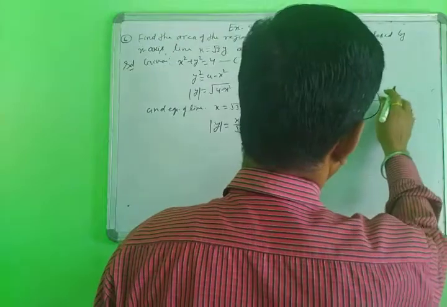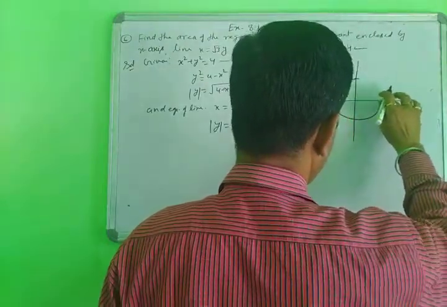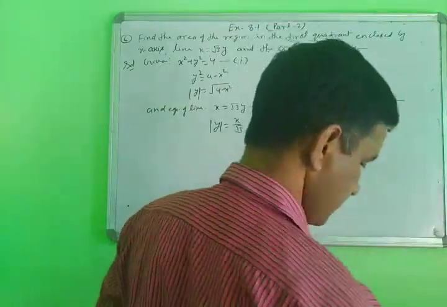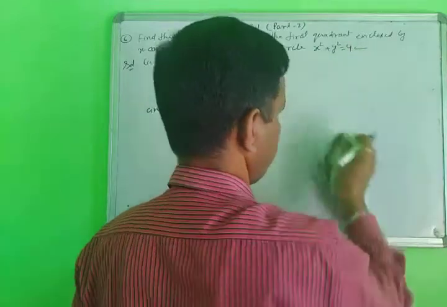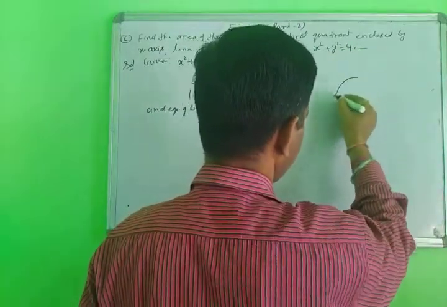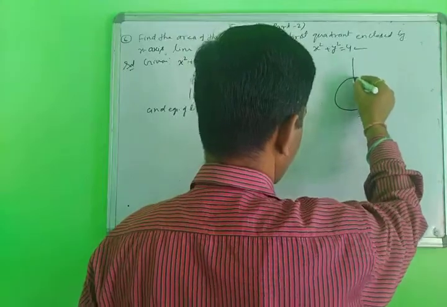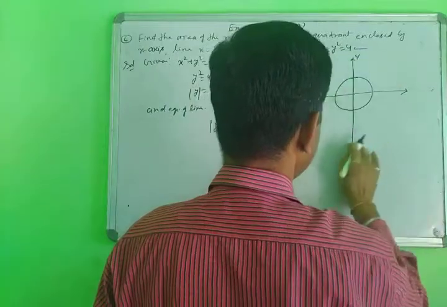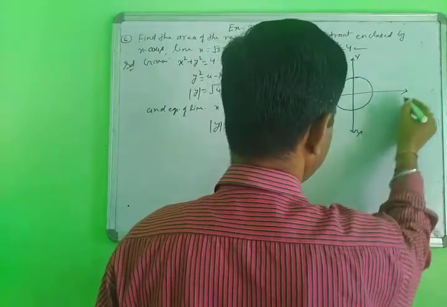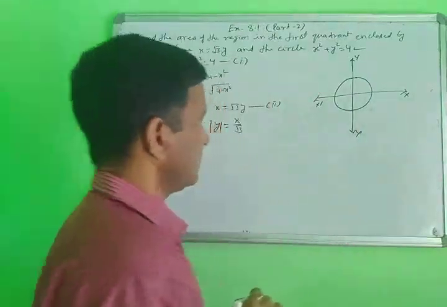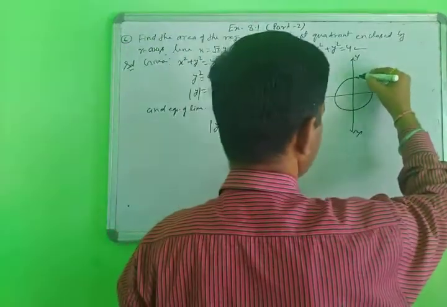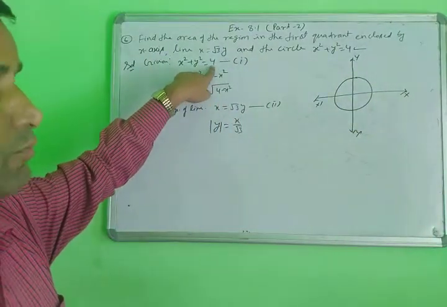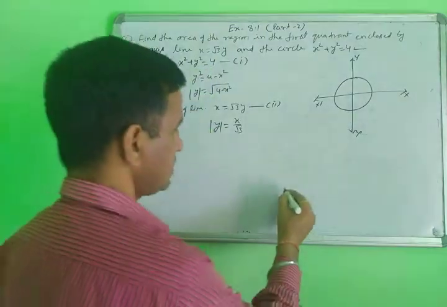In this circle, y-axis, y dash, x and x dash. This is the equation of the circle given here. You know what is the radius of the circle here? a square equal to 4.